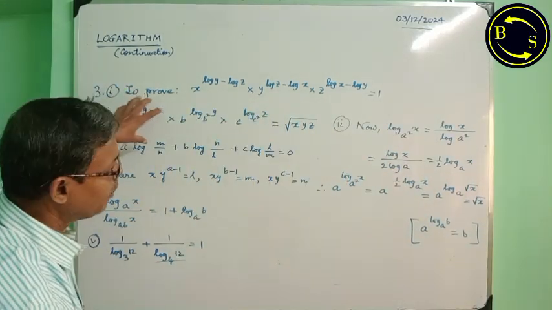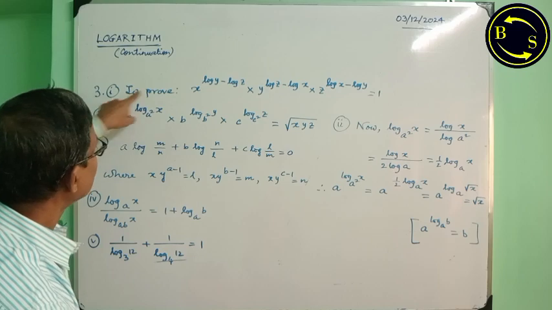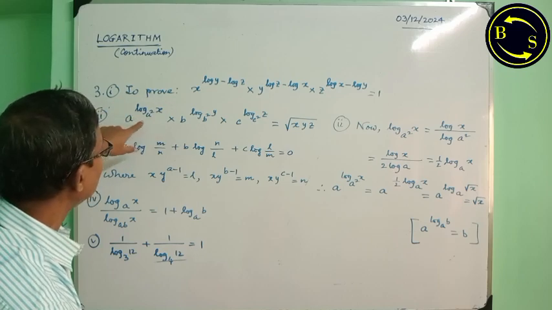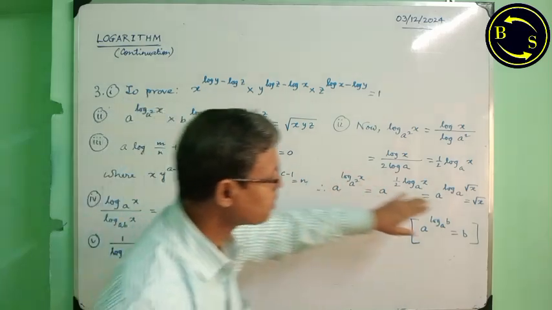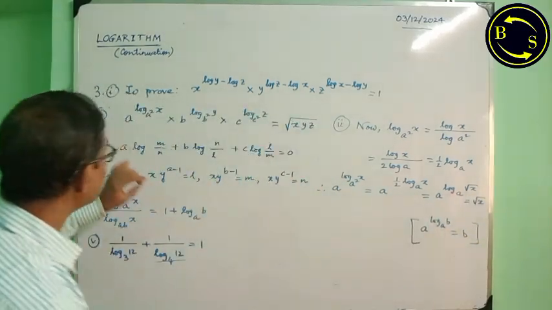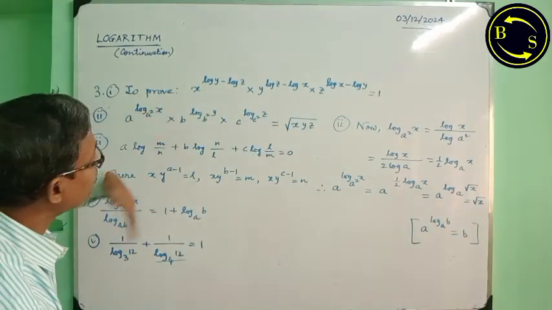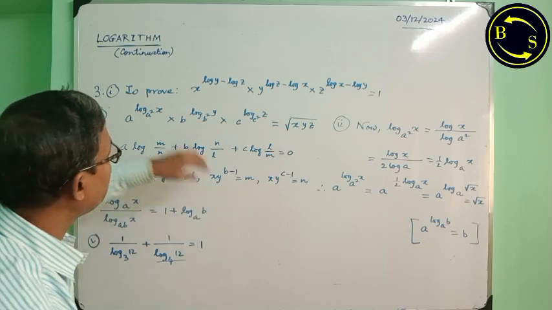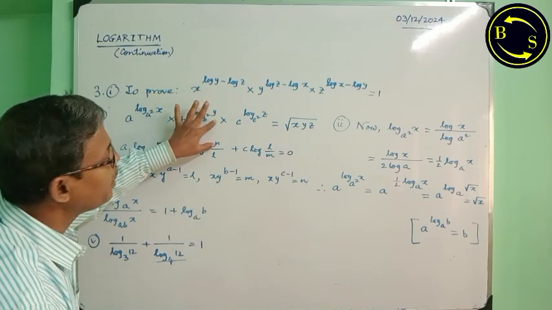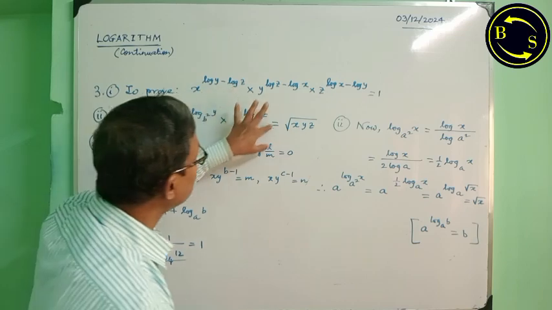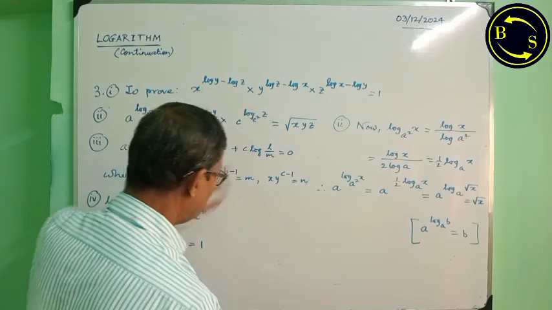First of all, I have got the value of this part, and that value is root x. Similarly, if we proceed in the similar way, we will get the value of this one will be root y, and the value of this one will be root z.